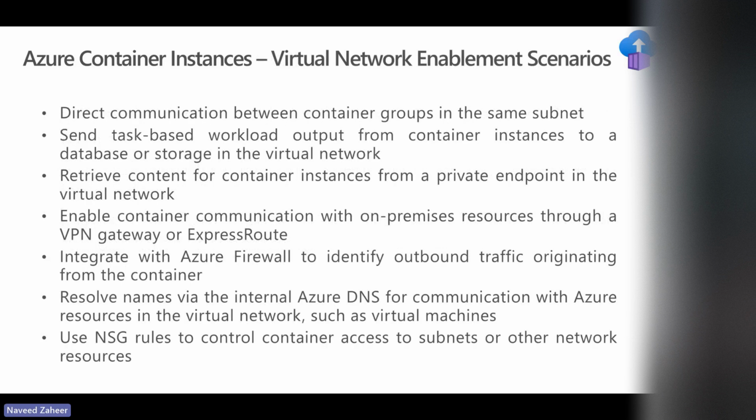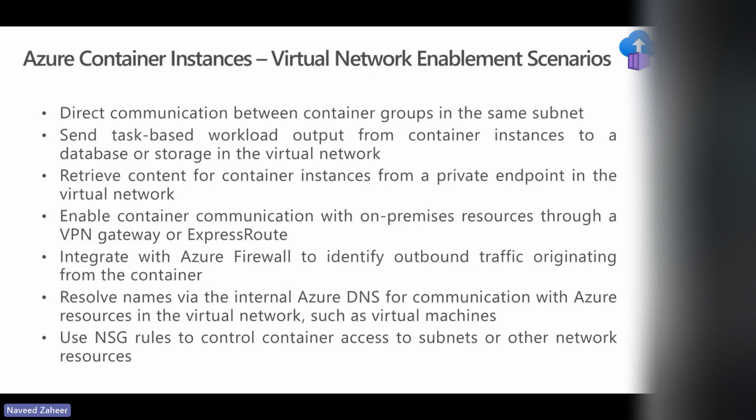And here are some of the virtual network and network isolation scenarios that are addressed by ACI. In most organizations, especially in large enterprises, when you are running processes, rarely do they run independently. Mostly they're connecting with existing resources, which are either in their existing virtual networks or on-prem.